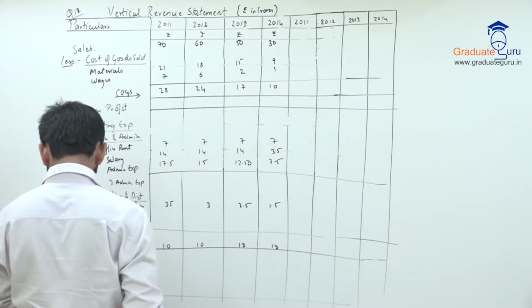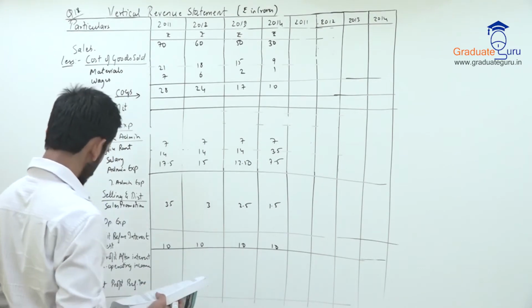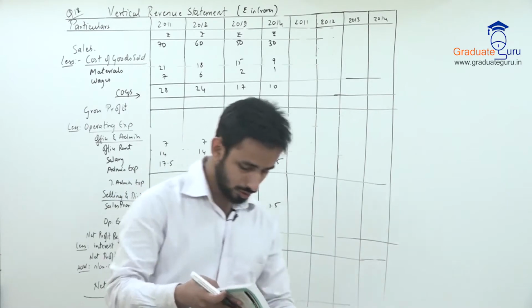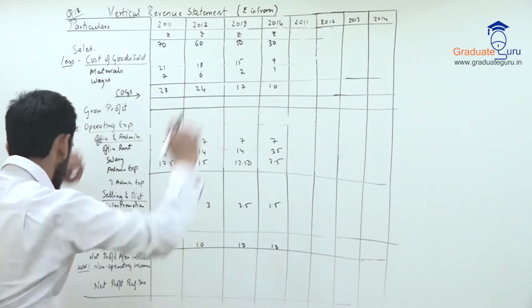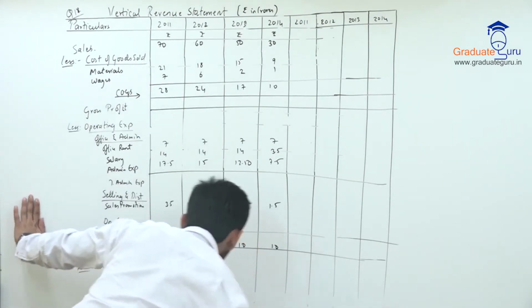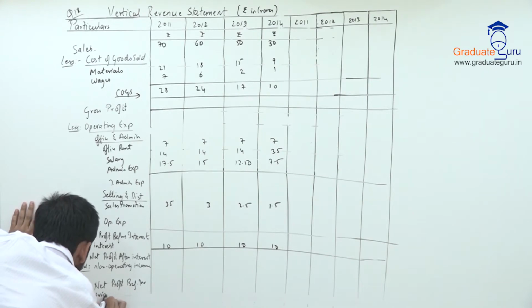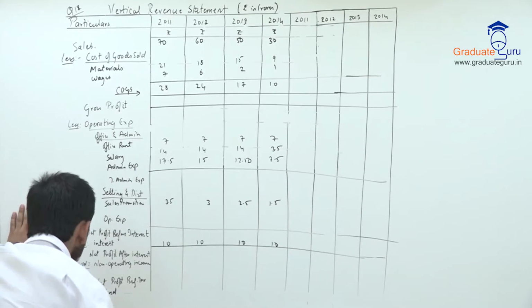Chalo, next one, done with this. And dividend. So we need to make one more appropriation. Dividend is 3, 2, 1. The question asks for net profit before tax less dividends. Less dividends.